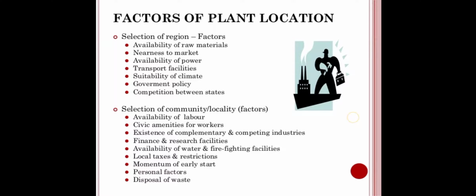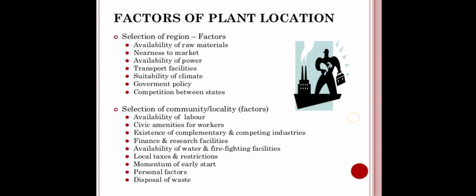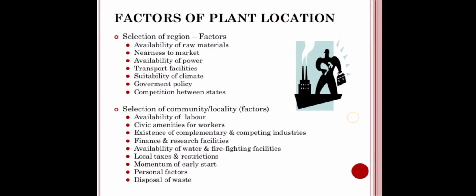So not only the availability, the quality of water is also very important, because water treatment plants will take capital. So what kind of water treatment plant, the normal one or the vigorous one, depends on the input quality of the water. Then firefighting facility is important for every factory.